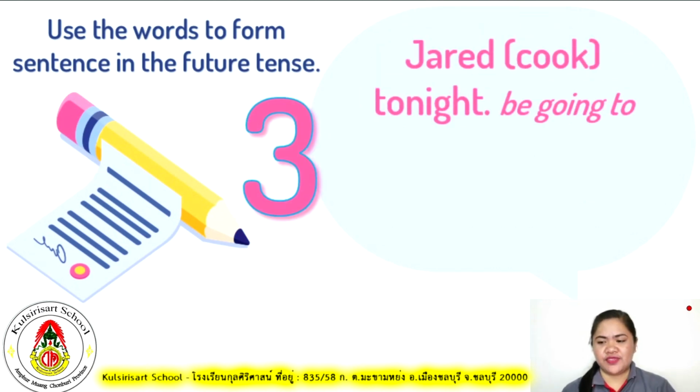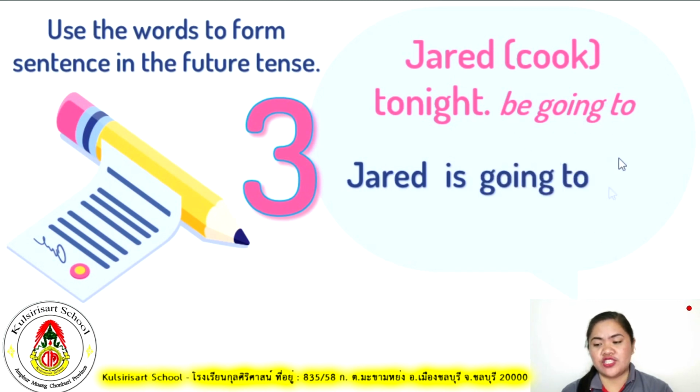Jared cook tonight. Now it says here we are going to use the format of be going to. So Jared, that is our subject. Again, what is next to the subject? Very good. Be verb. Now, what should be the be verb to be used here? Okay, very good. Is. And then going to.